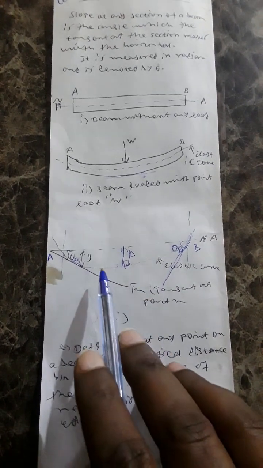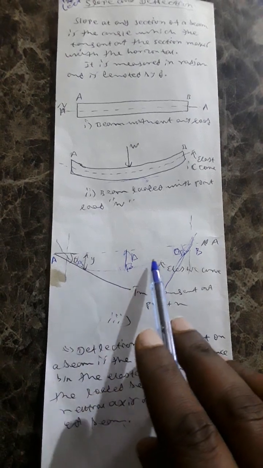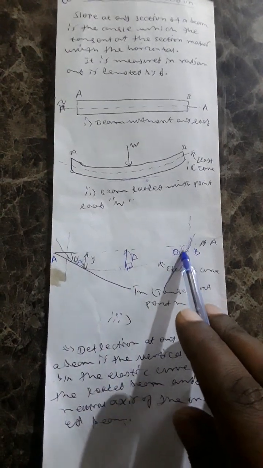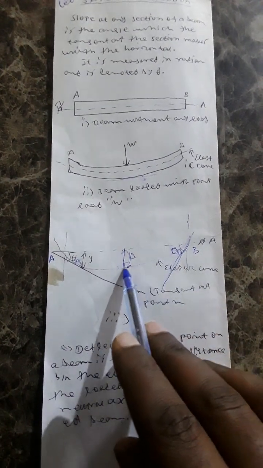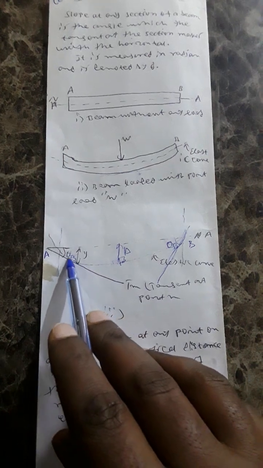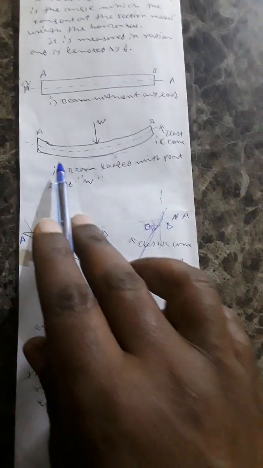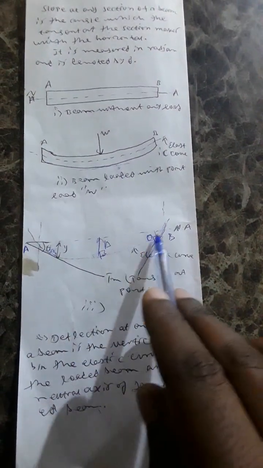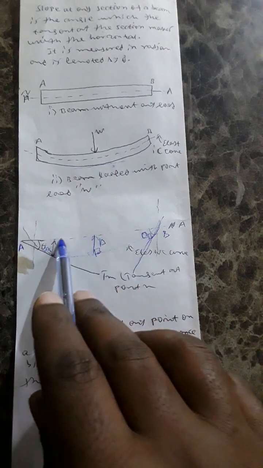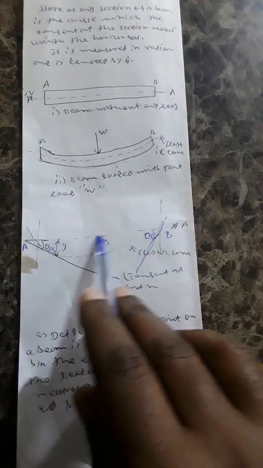This is the elastic curve, when this beam is bent like this. This is the neutral axis, the original beam, horizontal.